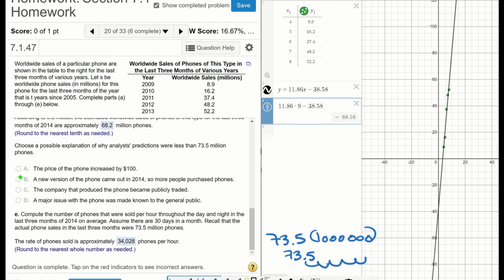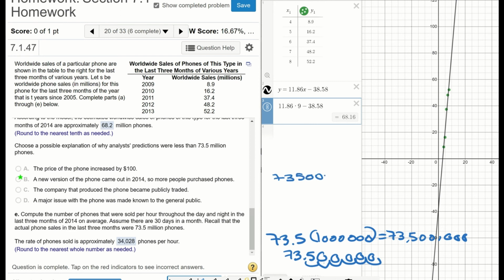So that's 1, 2, 3, 4, 5, 6, right? So we basically end up with 73,500,000. That's the same thing as 73.5 million. Okay, now we know that that many were sold.